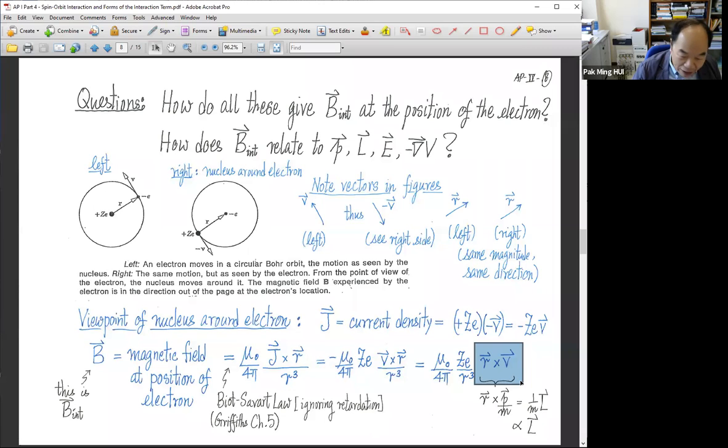Therefore, you already pick up the angular momentum. So our story is okay. The orbital motion will lead to a B field at the position of the electron itself. So that is the formula proving our story.